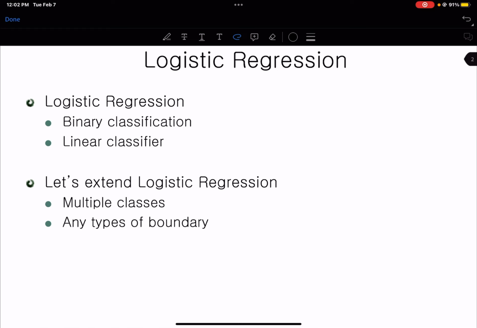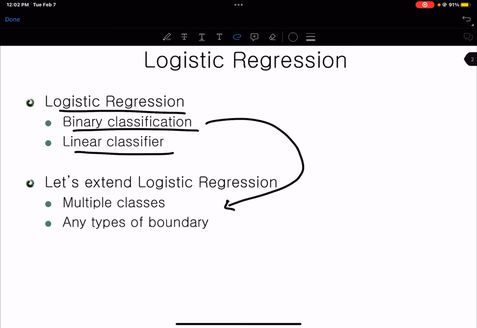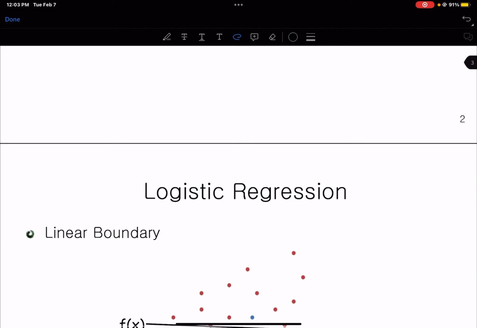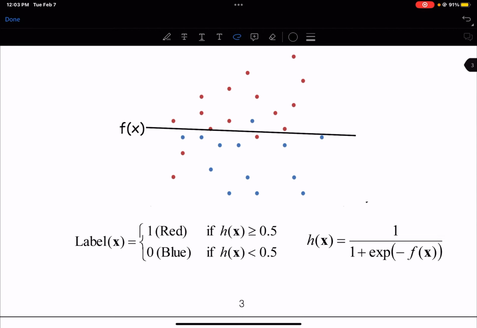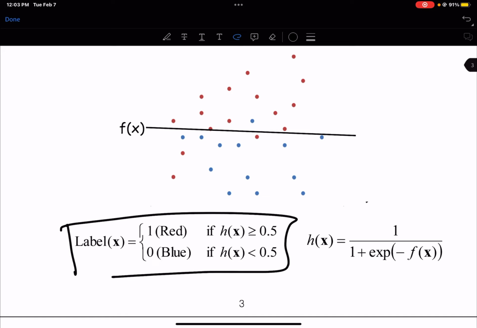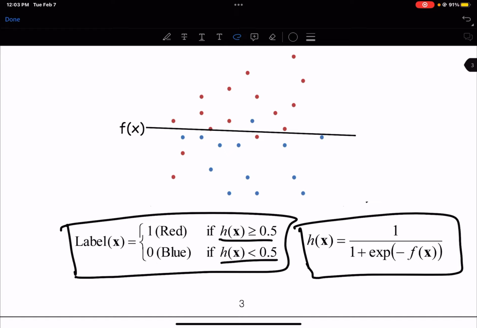So we first studied logistic regression, what binary classification is, and how we can define a linear classifier. Then we extended that concept to multiple classes, and if the boundary is not simply linear, then we can also use a multi-layer perceptron to solve the problem. We defined another format of our classifier, h of x, and the hyperplane is determined by this function.